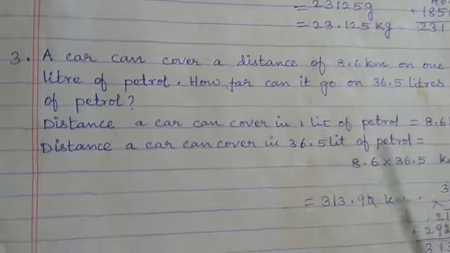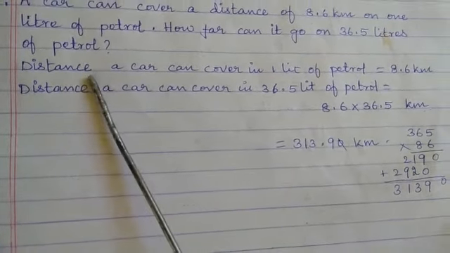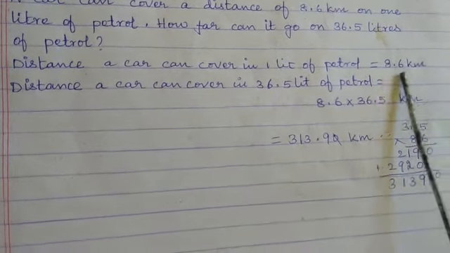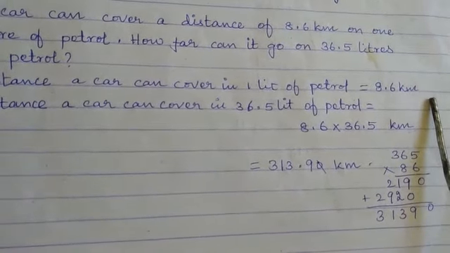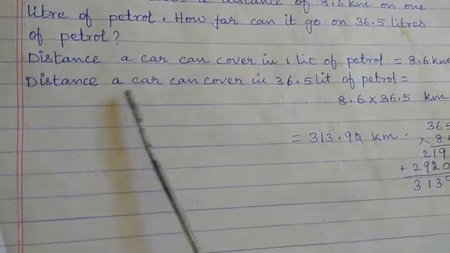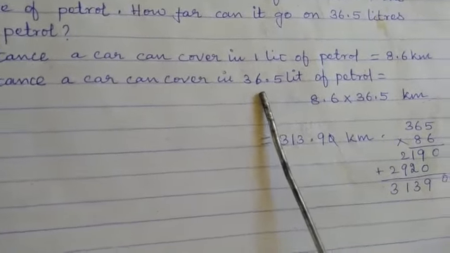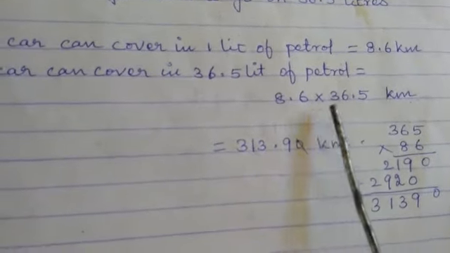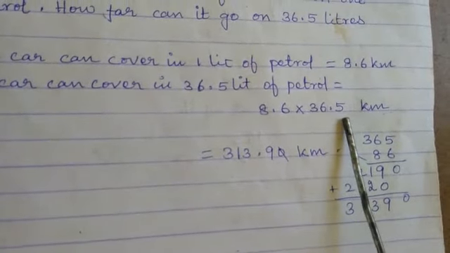So we have to multiply. First statement, distance a car can cover in 1 liter of petrol is equal to 8.6 kilometer. Therefore, the distance a car can cover in 36.5 liter of petrol is equal to 8.6 multiplied by 36.5 kilometer.